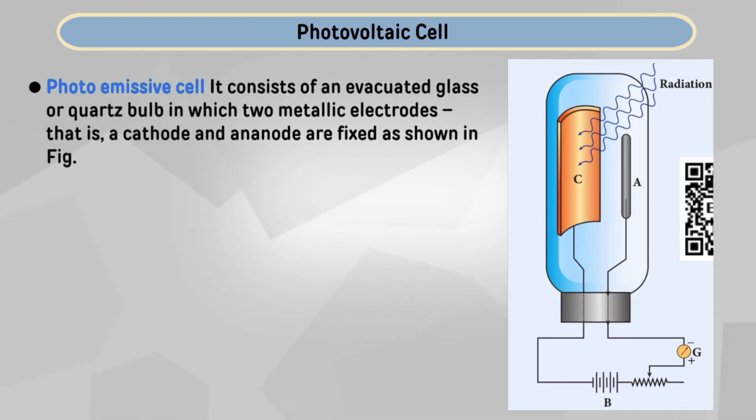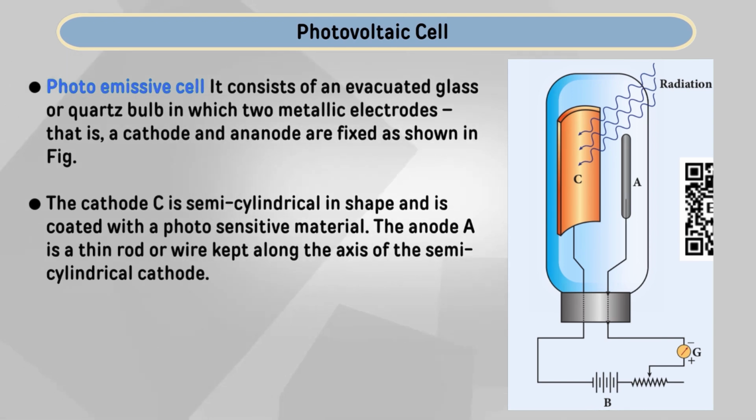Here a schematic diagram of the photoemissive cell is seen. It consists of an evacuated glass or quartz bulb in which two metallic electrodes, obviously one will be the cathode and the second one the anode, are fixed at a specific distance, as shown in the figure. The cathode, represented by C, is semi-cylindrical in shape and coated with photosensitive material, because not all electrode materials are photosensitive.